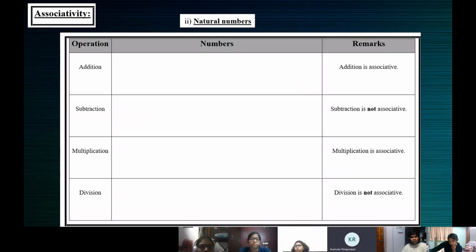Same thing, children. I'll just write C because now you know how to apply the property. Associativity means you take three natural numbers, add the first two, add the last two, grouping in a different order.